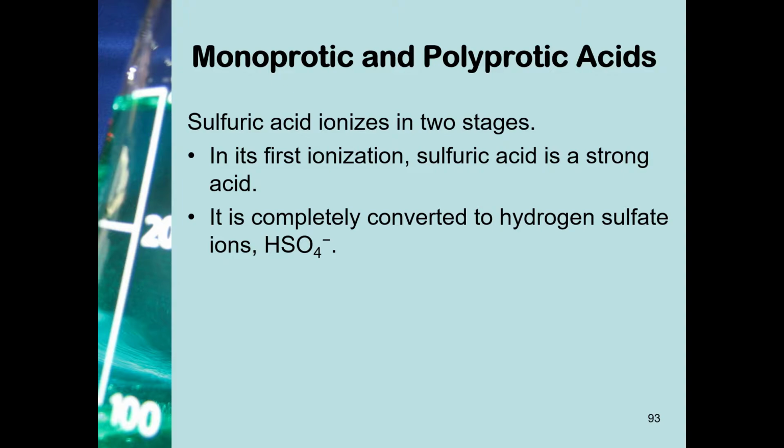In the process, H2SO4 is completely changed to just HSO4 negative. It has lost one of its hydrogens, and the hydrogen didn't take its electron with it and left it with the remaining polyatomic ion, and so it is negatively charged.